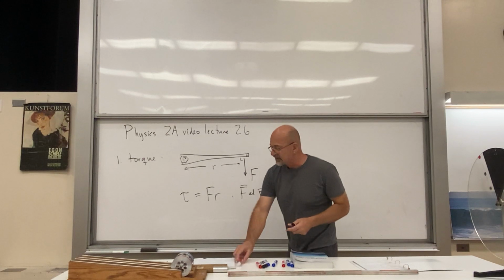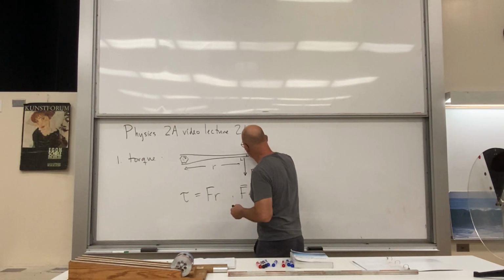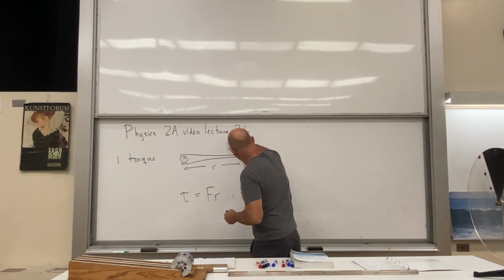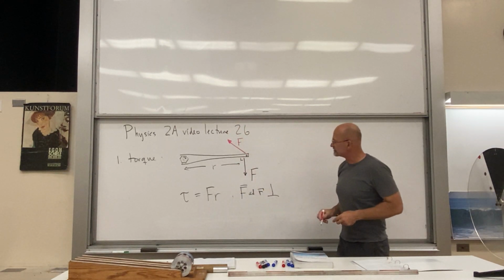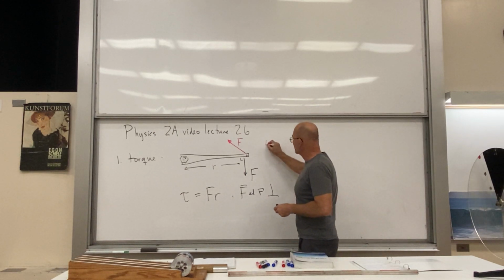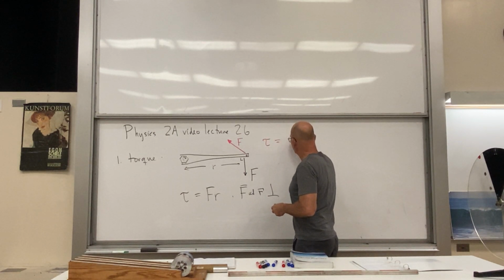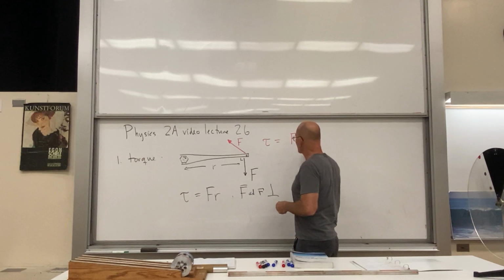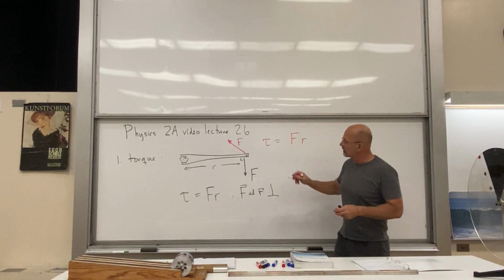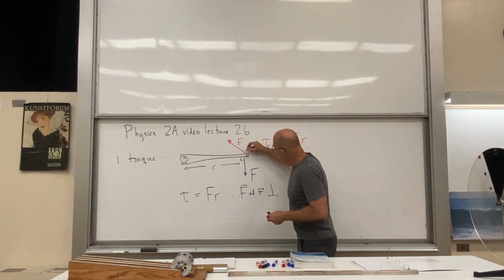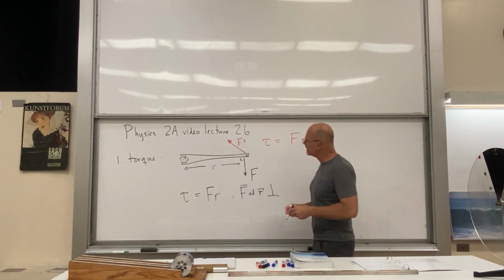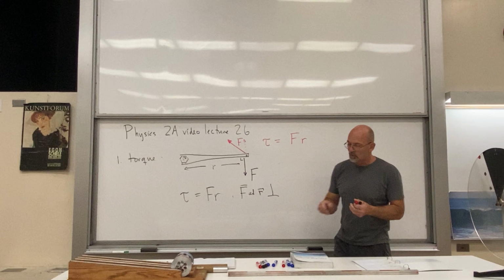I'll do another example. Suppose I were to apply my force in that direction. So that's a different force. So here we have torque is F times R, but we can only take the perpendicular component that is contributing to the torque.